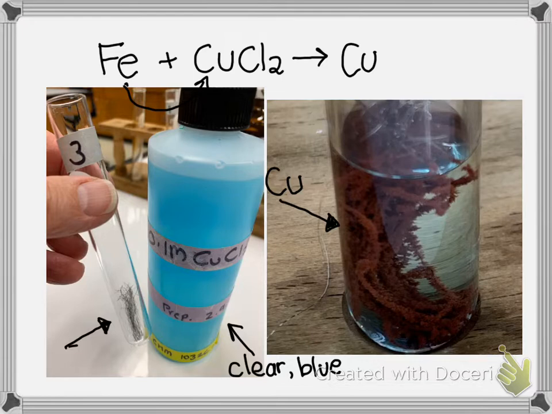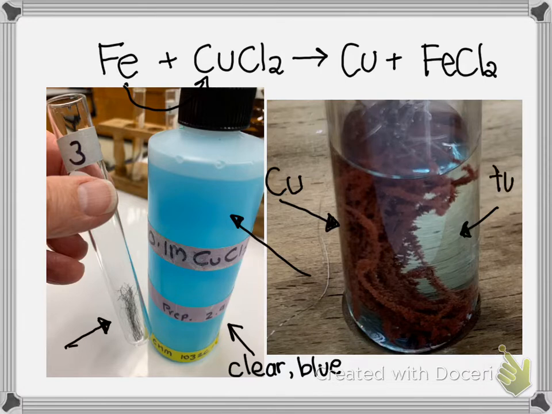So what you're seeing is the red copper on the wires. It's coming out of the solution, and then we make iron chloride. Now, the solution starts over here very blue, but if you look here, it's starting to turn clear or colorless.